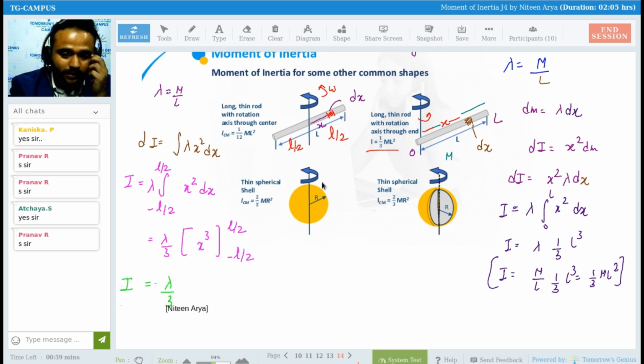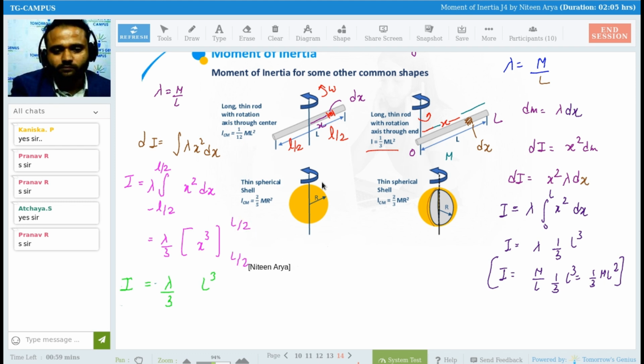Lambda by 3, and that is going to be simply L by 2 to negative L by 2. Instead of small you can put a capital if we put everything in a proper manner. So that is very easy then.